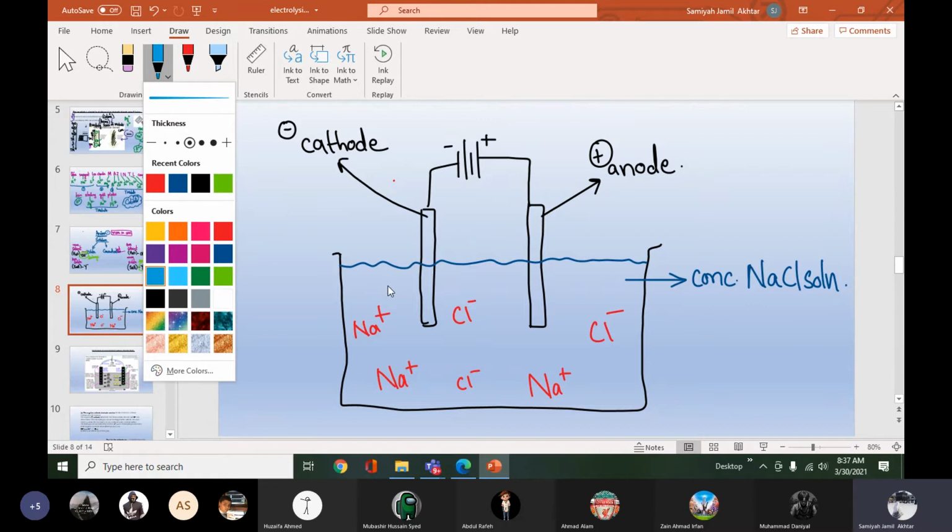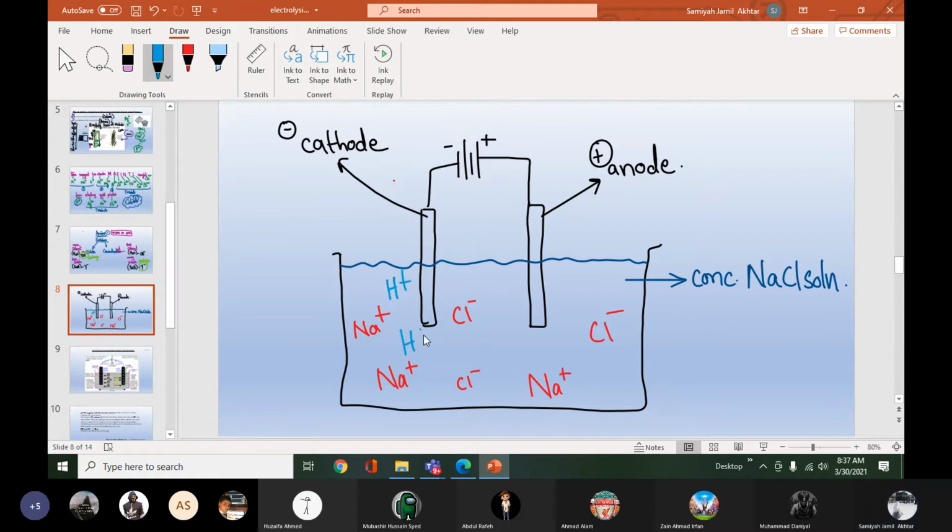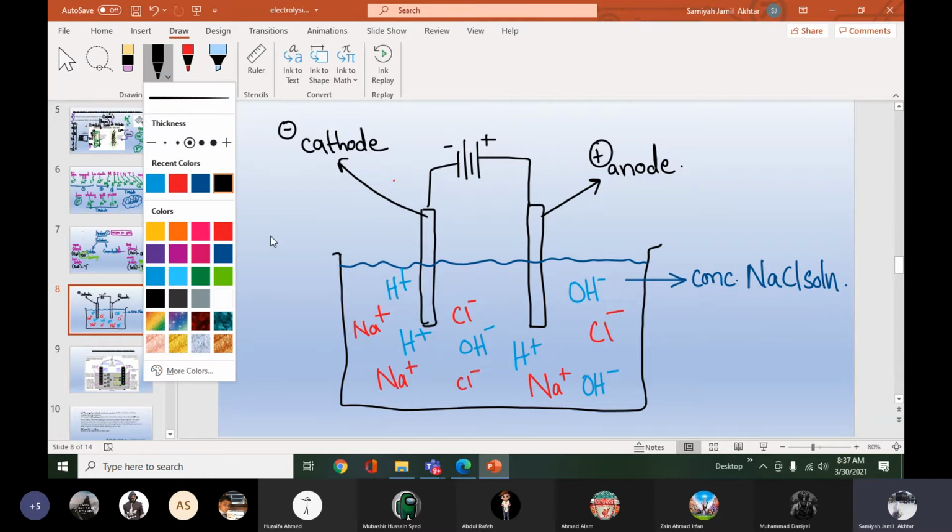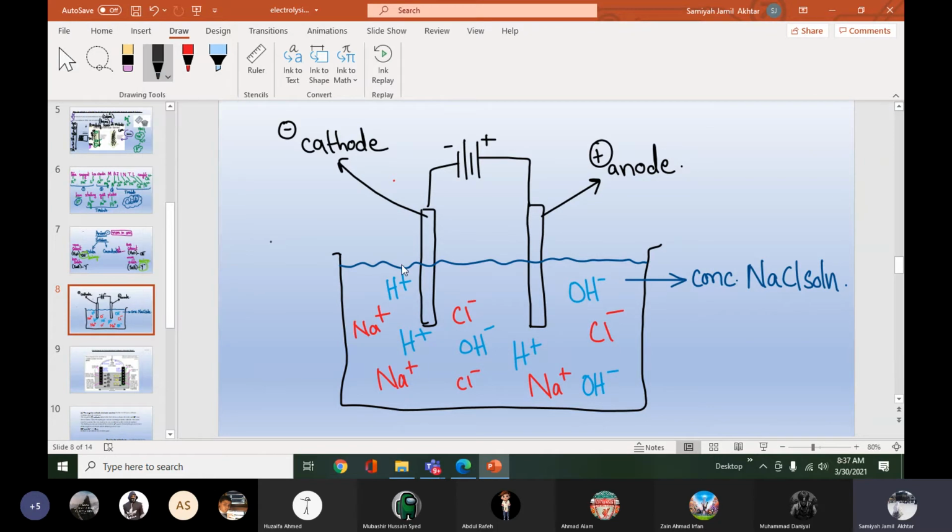And from water, we will get H positive ions and OH negative ions. This is the representation that these ions are present. Now we have two types of cations and two types of anions. In the cations, we have sodium and hydrogen. Now, how will we identify which one will discharge?